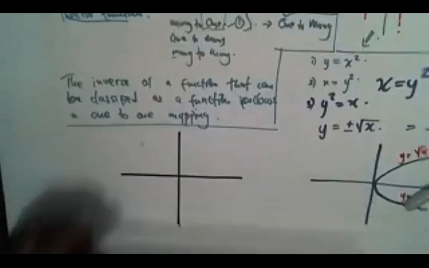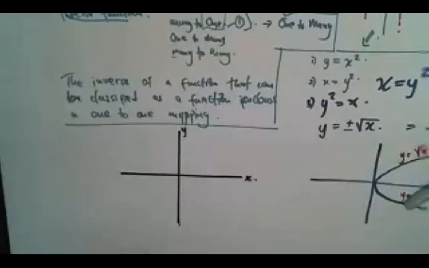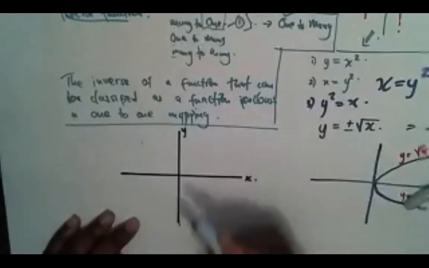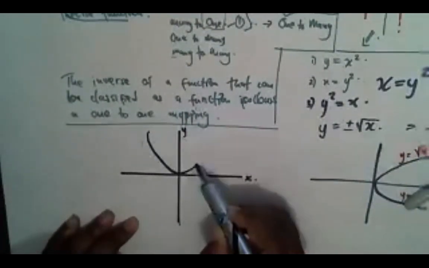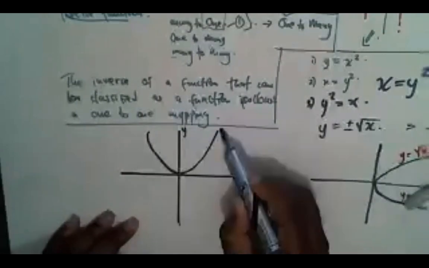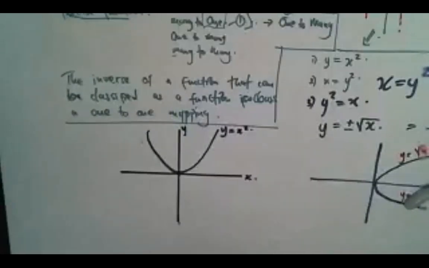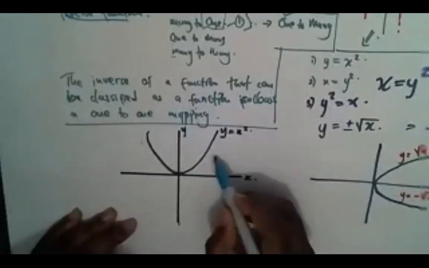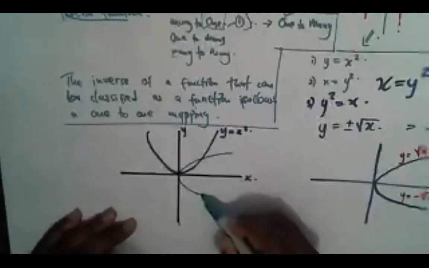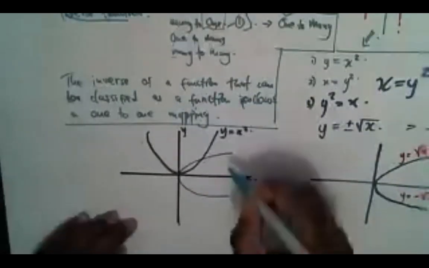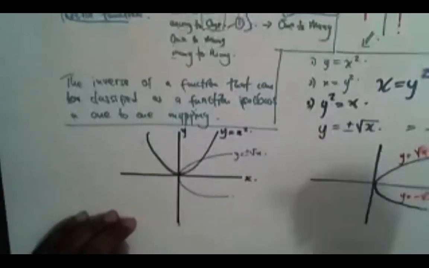So we have, this is the y-axis and this is the x-axis. Now we draw it on the same axis. This one is y is equal to x squared. And the other one I'm going to draw with this one is y is equal to plus or minus the square root of x.